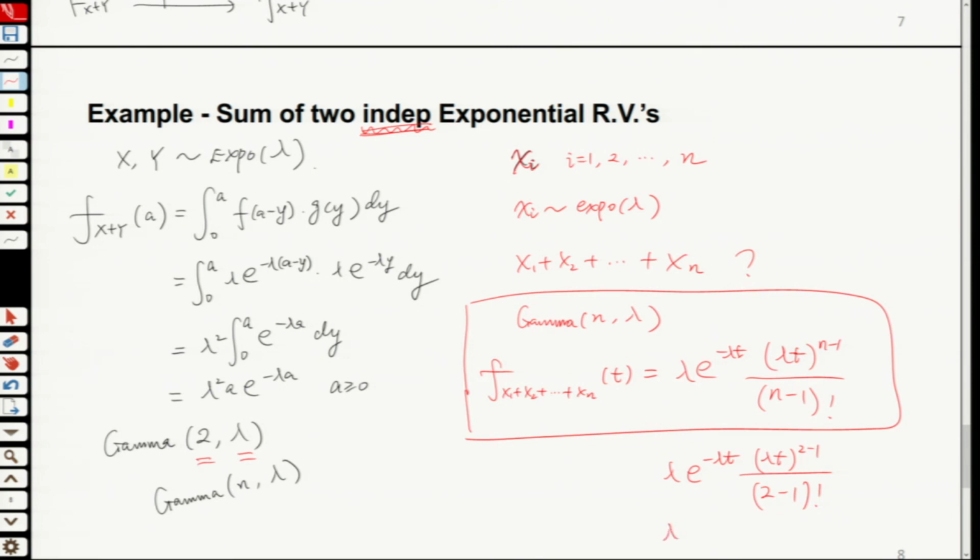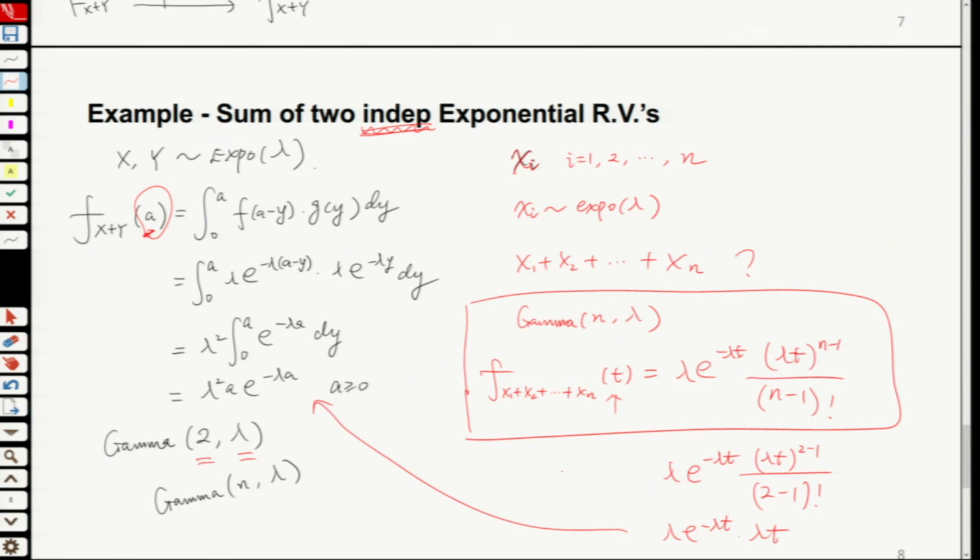This becomes lambda e^(minus lambda t) times lambda t, which is the same as what we had before, except that here we use t and there we used a. It's lambda squared t e^(minus lambda t), and before it was lambda squared a e^(minus lambda a).